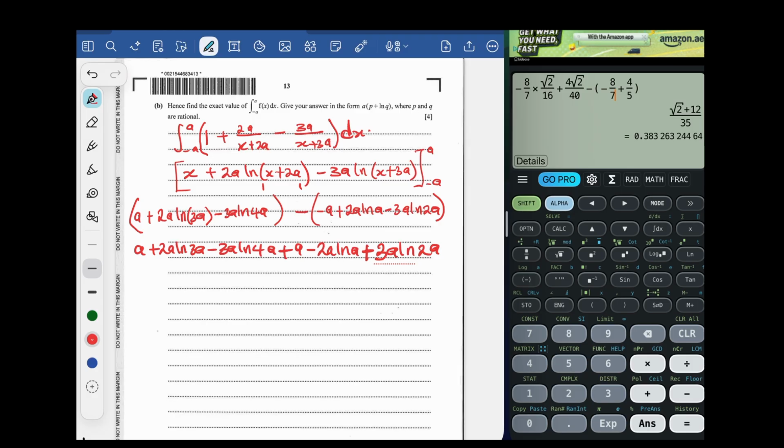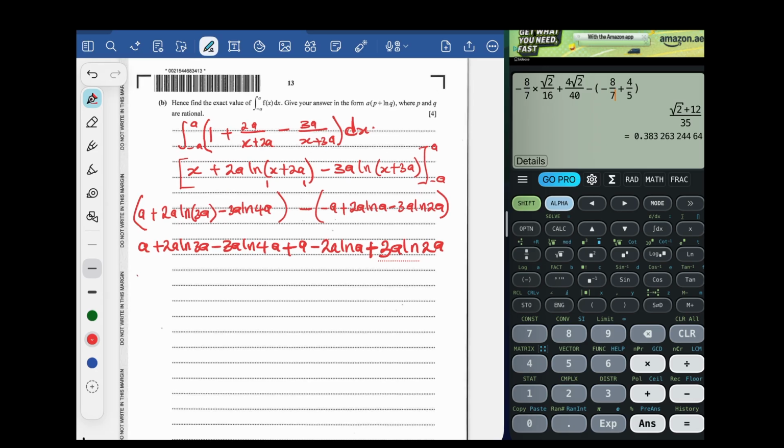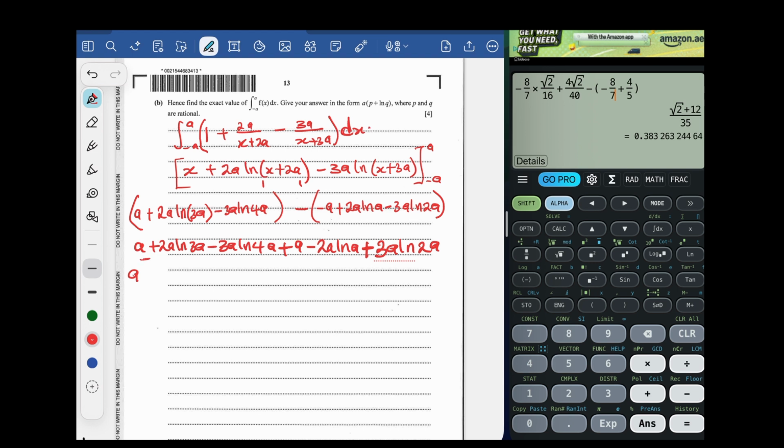So obviously a is common, so I can first take a out. So 1 plus 2 ln 3a minus 3 ln 4a plus 1 minus 2 ln a plus 3 ln 2a.